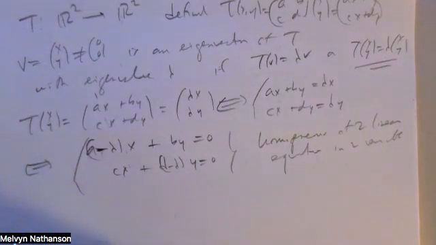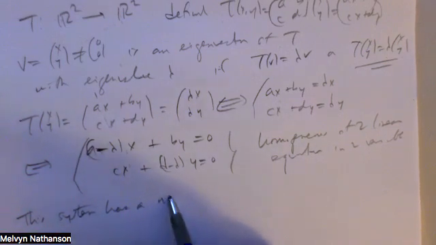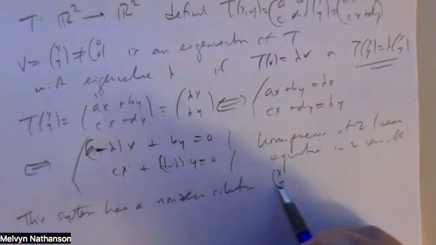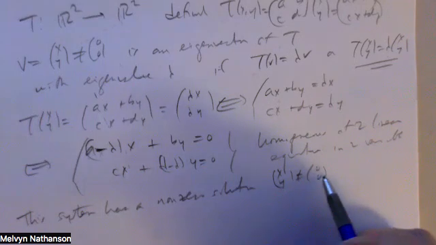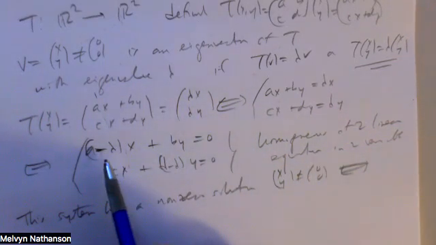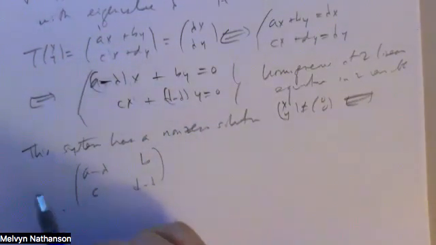And this system has a non-trivial, non-zero solution, that is, x and y not both zero, if and only if, if I look at the matrix of coefficients, a minus lambda, b, c, d minus lambda, its determinant is zero.